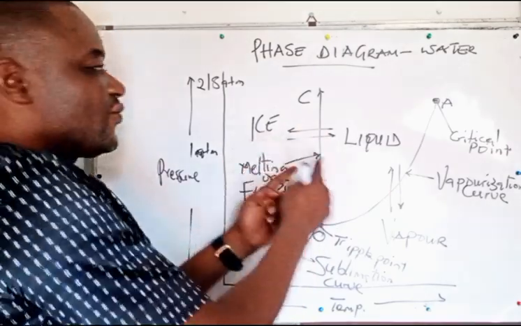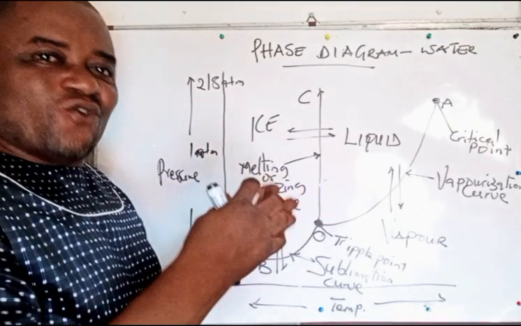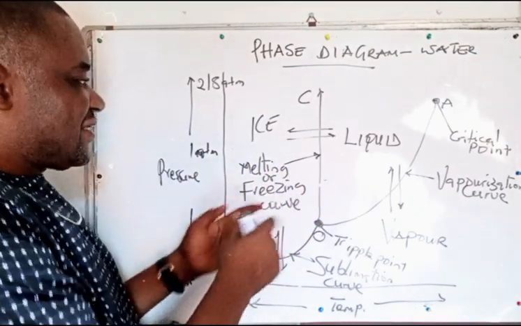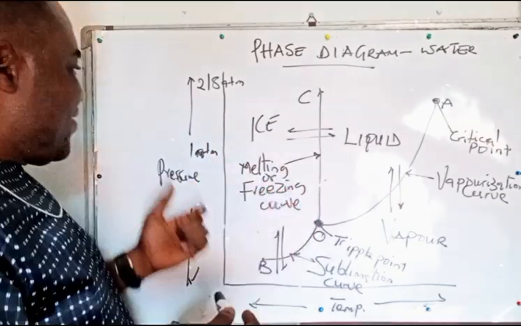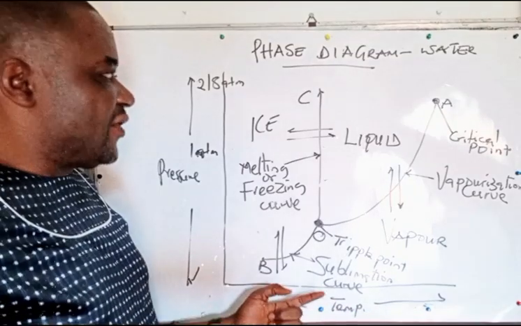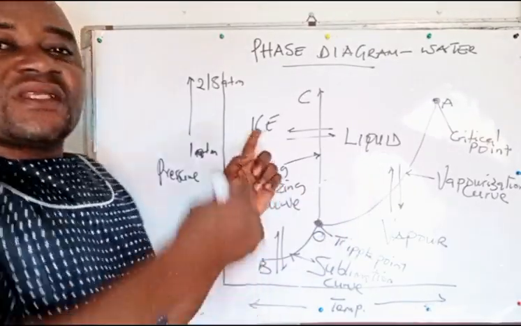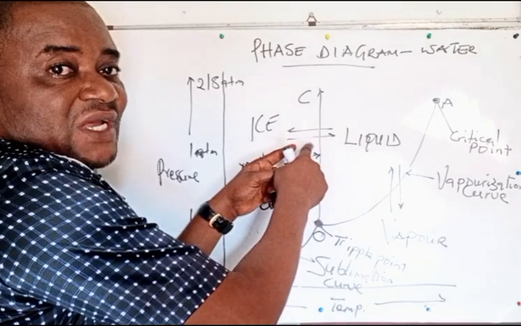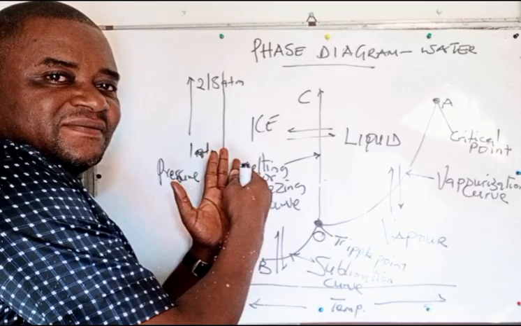The ice. So the liquid will start freezing to form what? The ice. You see? So when you increase pressure and reduce temperature, your liquid will start freezing into ice. The equilibrium position shifts to the left.